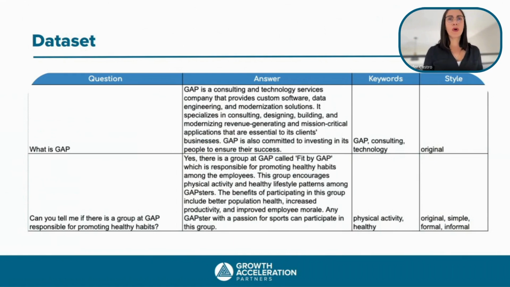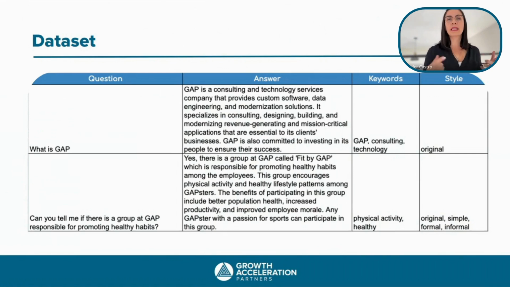But if we have other options, like, for example, simple or formal, the original question is going to be rephrased, trying to apply this specific format, and the question that results with the modification is going to be sent to the chatbot. The idea here is that we are simulating a more realistic scenario because in real life, final users are going to send questions in different ways.